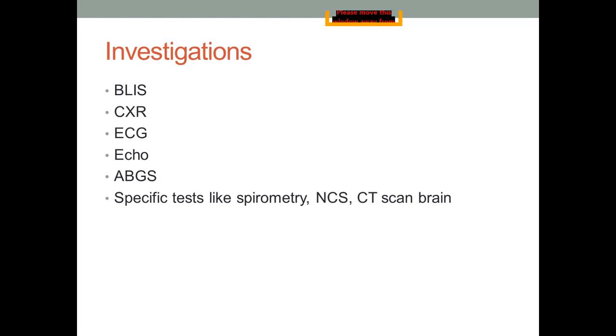Also, you will do ABGs, arterial blood gases, to confirm the diagnosis of respiratory failure. Here you will see the partial pressure of oxygen will be less than 60 millimeter of mercury. If oxygen is more than 60 millimeter of mercury, this is not respiratory failure.